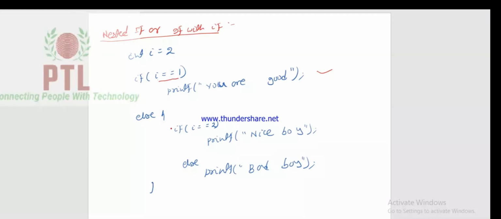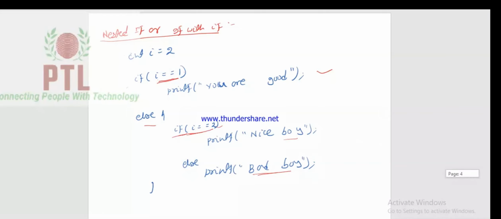So once I'm coming to the else part, means the i is not 1, then I'm checking again, if i equals to 2, then nice boy, otherwise apart from 2, bad boy. That means if this condition is again not true, I mean it is neither 1 nor 2, then it will print the bad boy. Fine. This is the nested if.